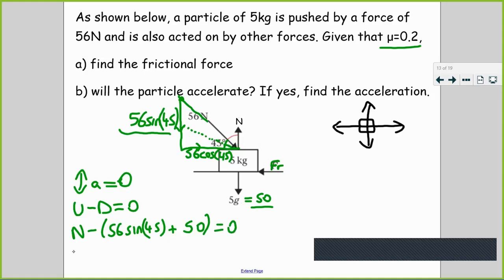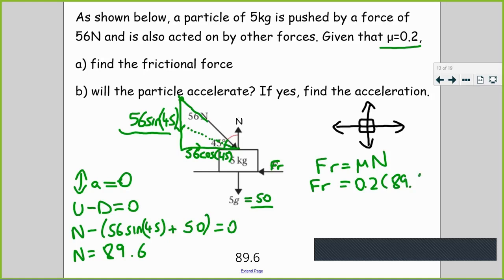Right, so N equals 89.6. Once you've got your N, we can move on to friction. So 0.2 times 89.6.